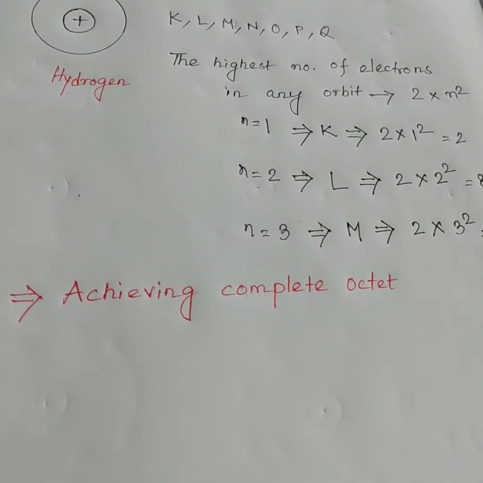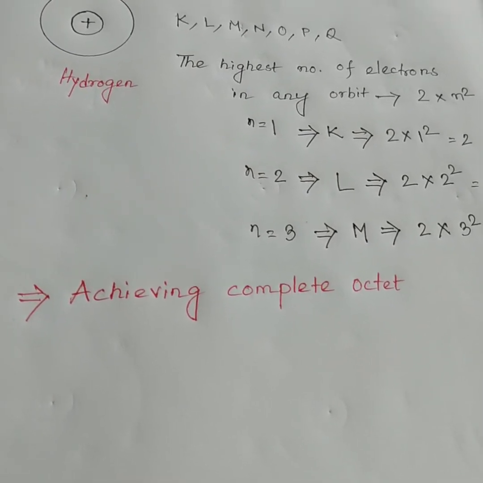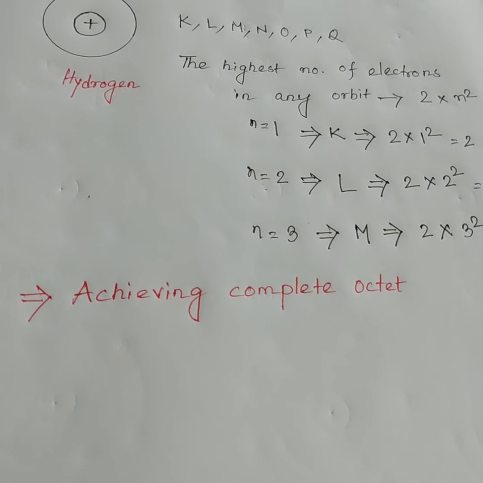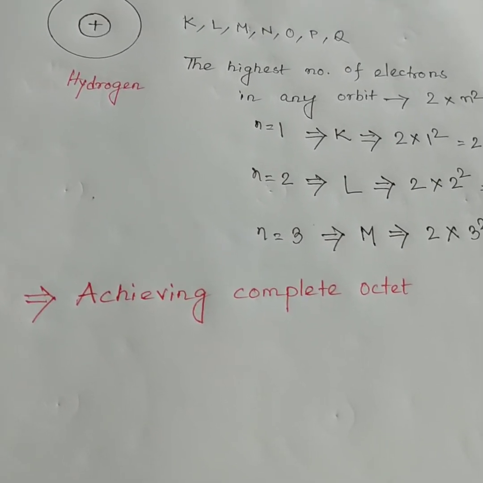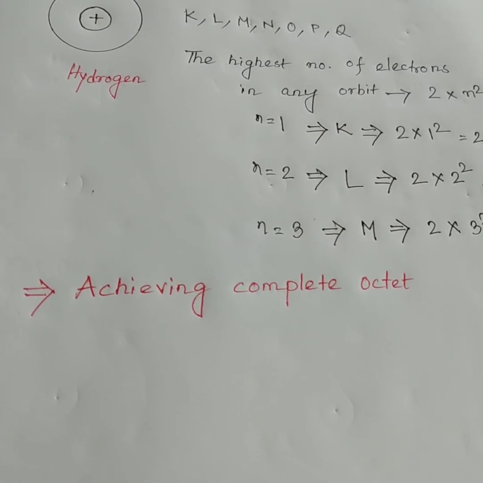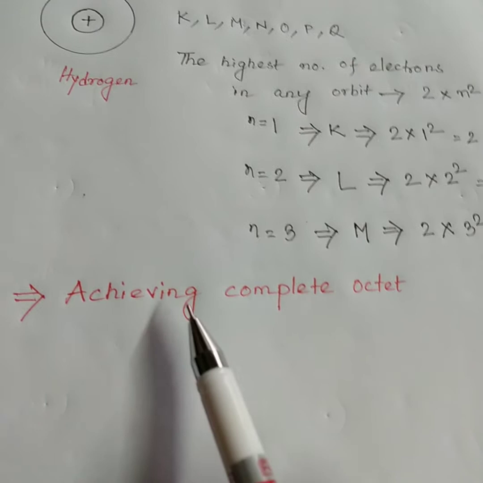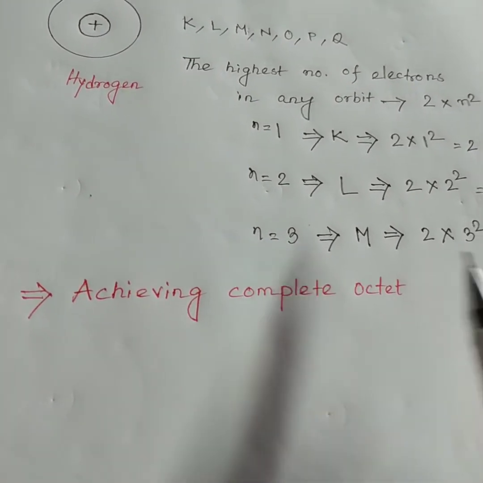If the outermost shell of an atom has a total of 8 electrons, then the atom is said to have attained a complete octet, that is, achieving complete octet.